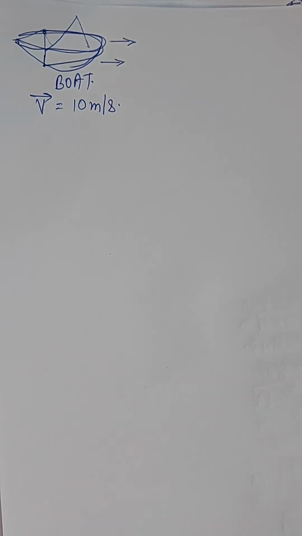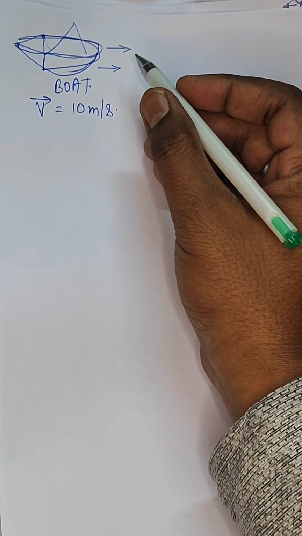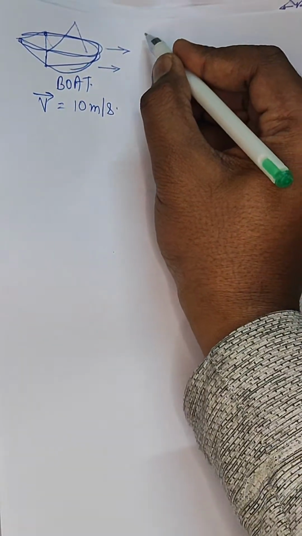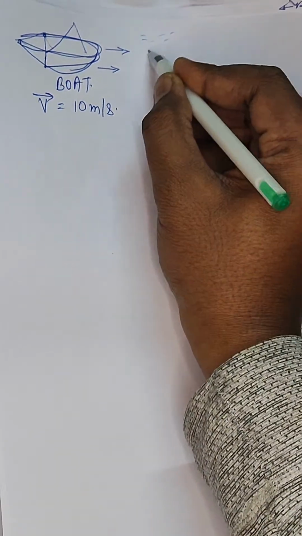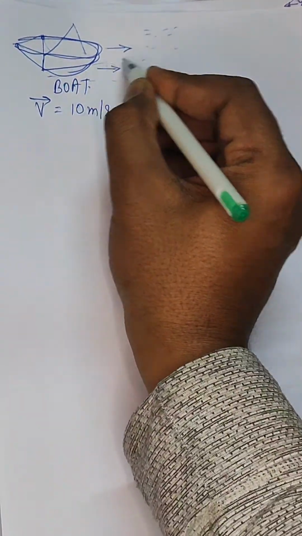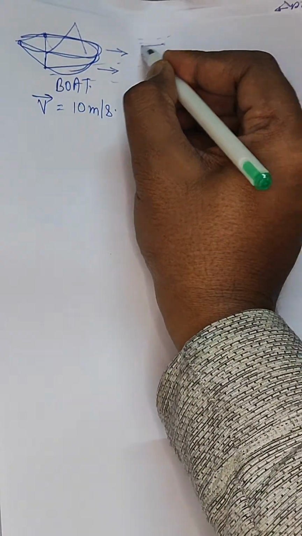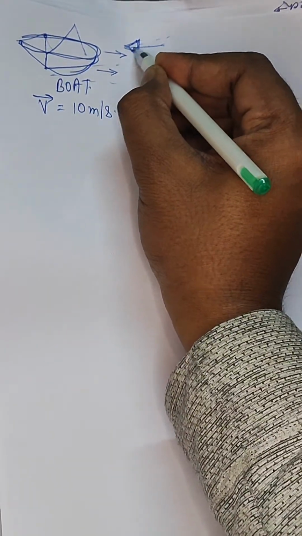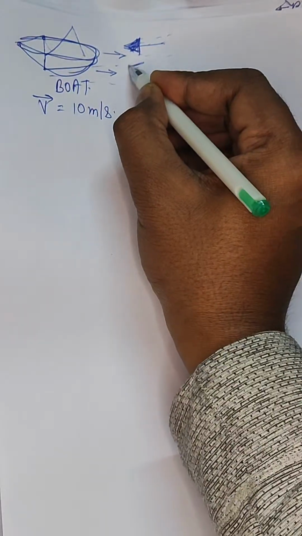Now the question is that it encounters water resistance, right. That means the boat is going into the right direction, so there is water over here in which it is going, right. So water is providing some resistance from the opposite side, because resistance is always applied from the opposite side, right.